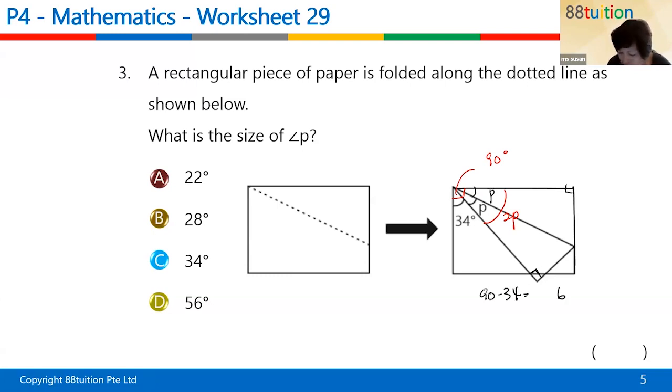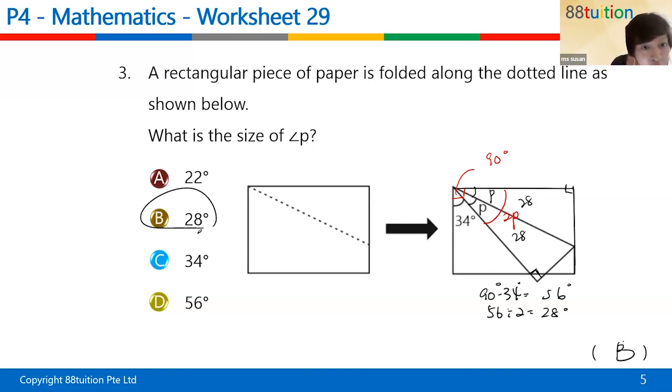That will give you 56 degree. For this 56 degree, I must divide by 2 to get 28 degrees. So P is 28 degrees. And what is your answer? B. Great job. Okay, B. Next question.